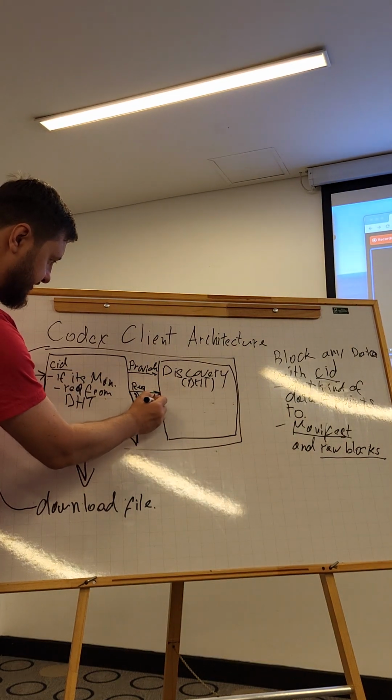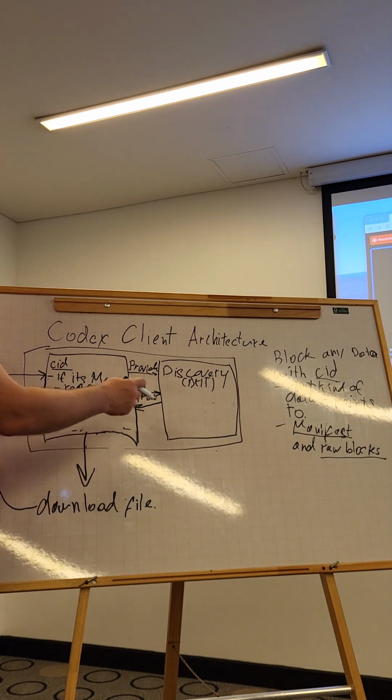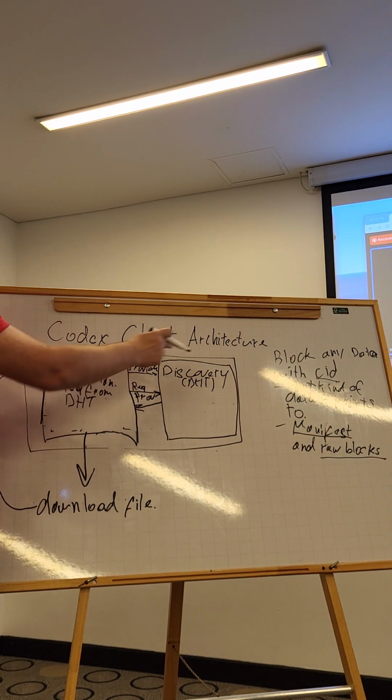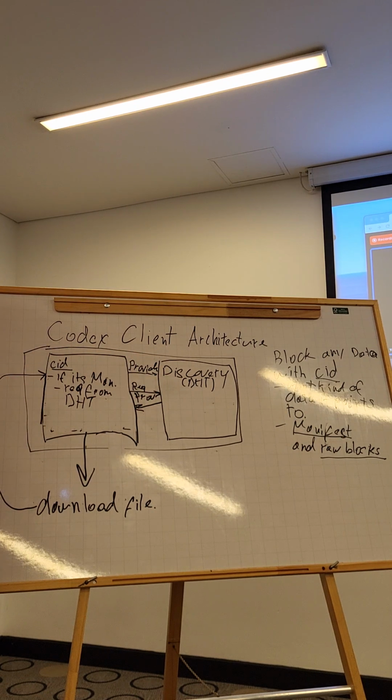And immediately there's a response with some providers, and then I proceed to connect to the nodes that the DHT returned to me. I connect to them over libp2p, and then from then on, the block exchange engine takes over and schedules the download of the block, et cetera, et cetera.